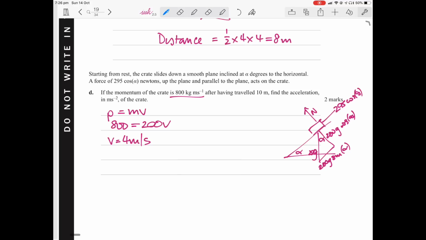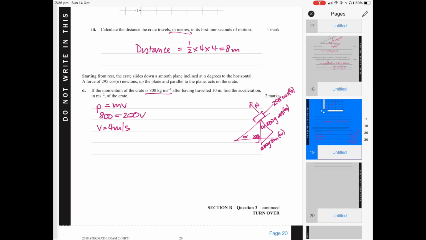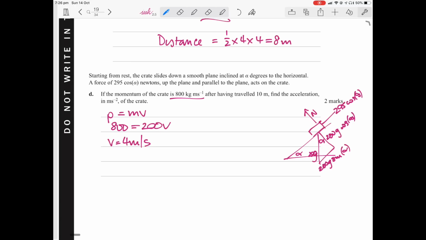Okay, find the acceleration of the crate. Okay, so what do we know? s is 10. We know v, we know u is 0. We know v is 4 meters a second. And what do we want to find? a.